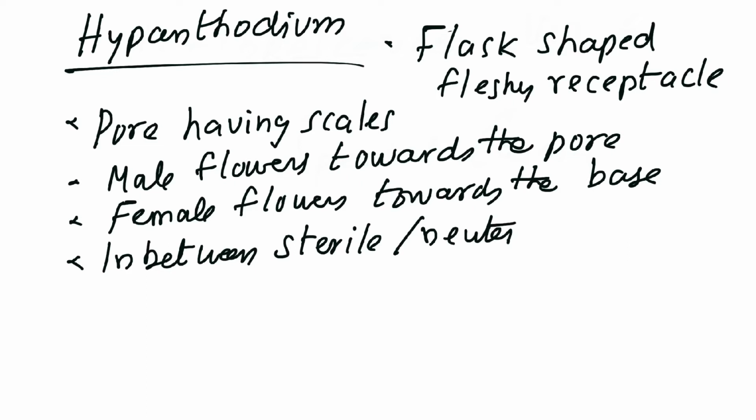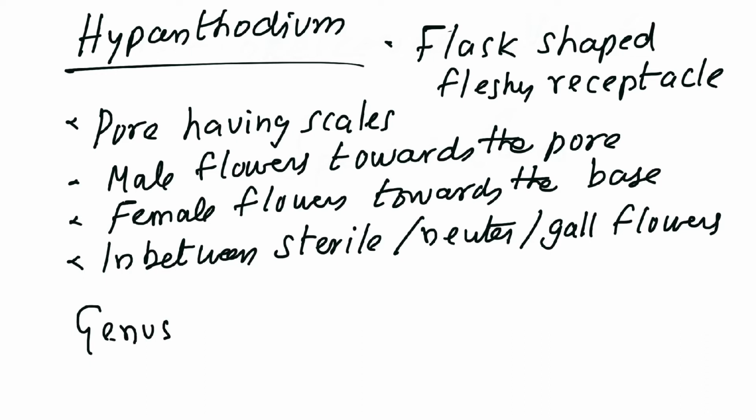And in between is a very interesting development. There is either the presence of sterile flowers, which means that the reproductive organs cannot be fertilized; neuter, which means that both the male and female reproductive parts are absent; or gall flowers. Basically, it's a short type of flowers which doesn't develop into fruit.